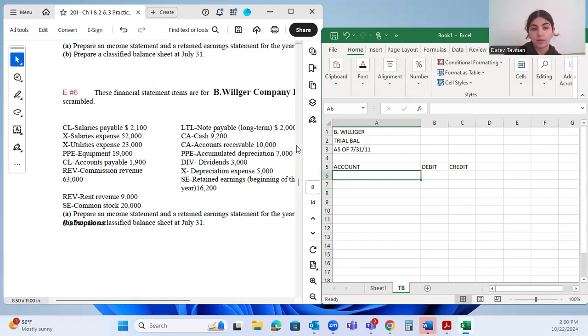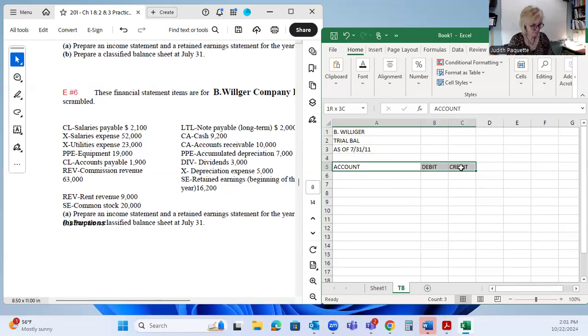So we do have a cash account, and we do have accounts receivable. And I don't see any other current assets.